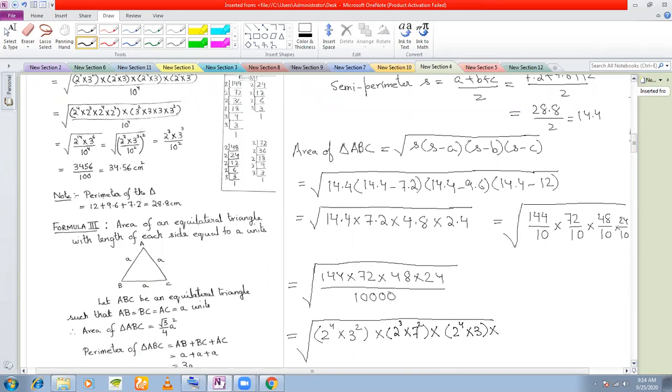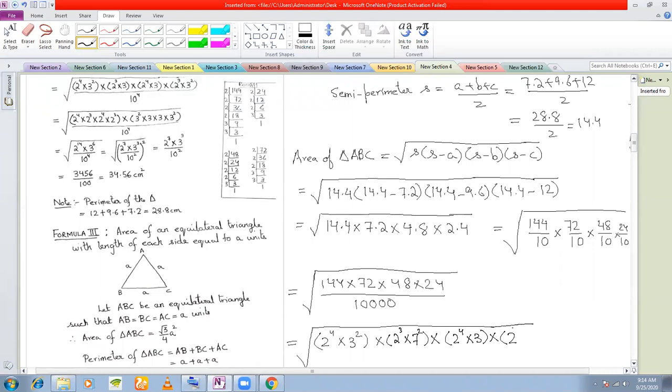And 24 can be prime factorized as 2 cube into 3.